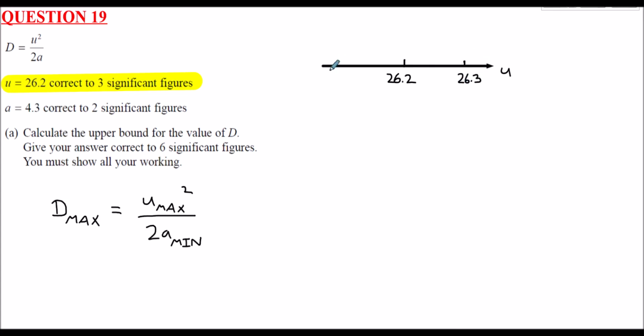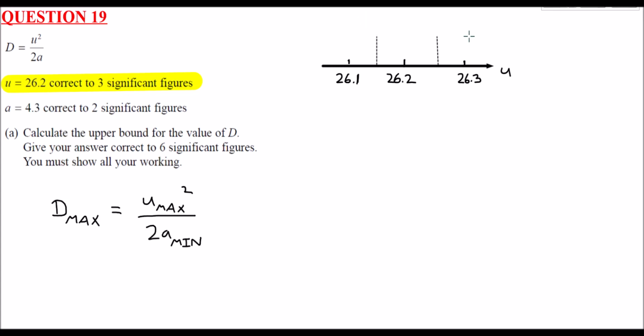And the one lower than 26.2 would be 26.1. However, to 3 significant figures, it says here that u is nearer to 26.2 than these other two. So what that must mean is that u must be within half of the distance from 26.1 to 26.2, and within half of the distance on the right-hand side between 26.2 and 26.3.